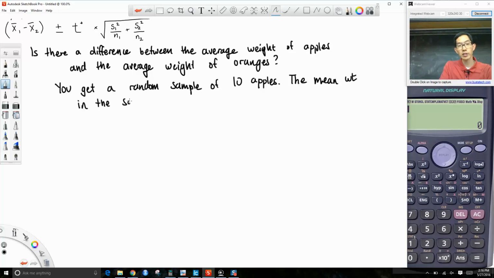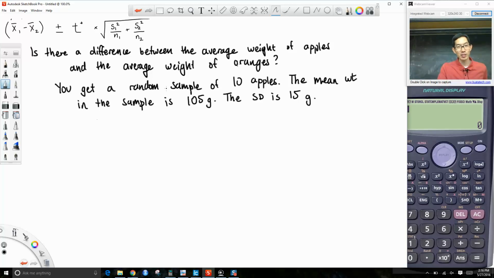So I'm not sure how you got a random sample of 10 apples, but somehow you did. The mean weight in the sample is, we'll say 105 grams. And the standard deviation is 15 grams. I'm making that up, okay?